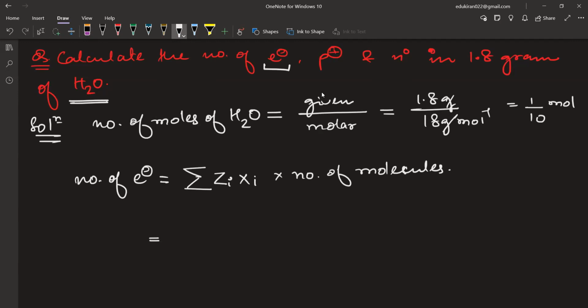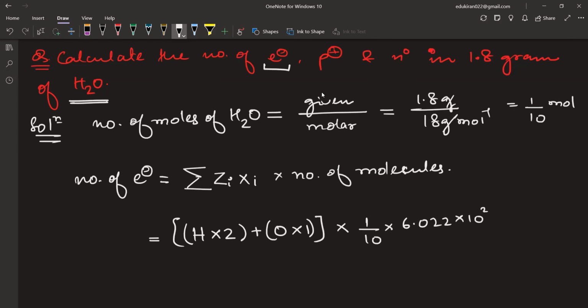We have hydrogen into 2 plus oxygen into 1, and then we will multiply this by 1 upon 10 into 6.022 into 10 to the power 23. Now, 1 upon 10 moles.